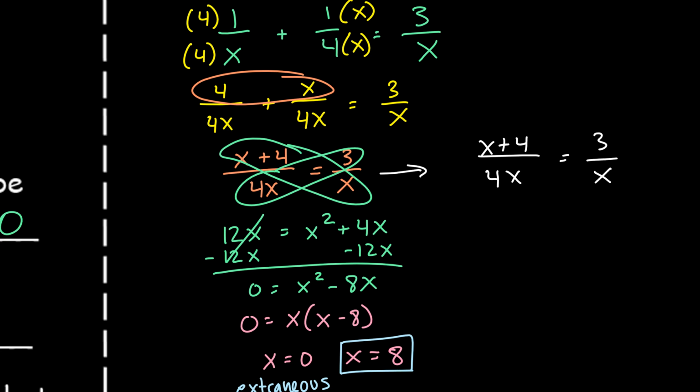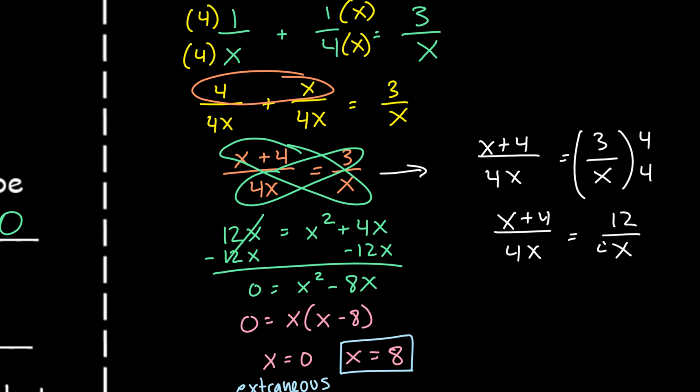Not x. If I multiplied this side by 4, what would that do? I would have x plus 4 over 4x equals 12 over 4x.